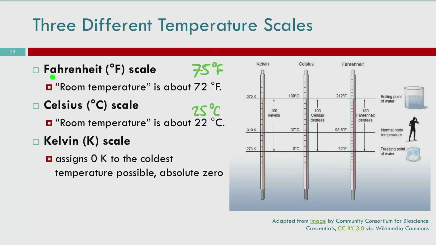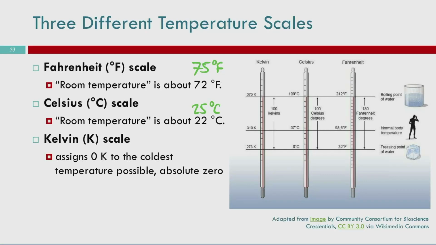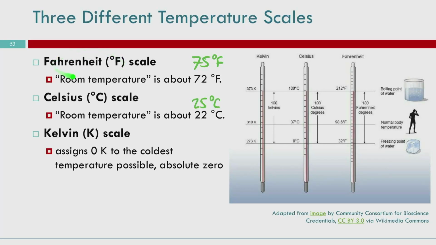So the Fahrenheit scale, this is the one that we use. The Celsius scale is the one that pretty much the entire rest of the world uses. And then in some scientific applications, we'll use Kelvin. Kelvin is different from Fahrenheit and Celsius. Kelvin assigns 0 Kelvin.